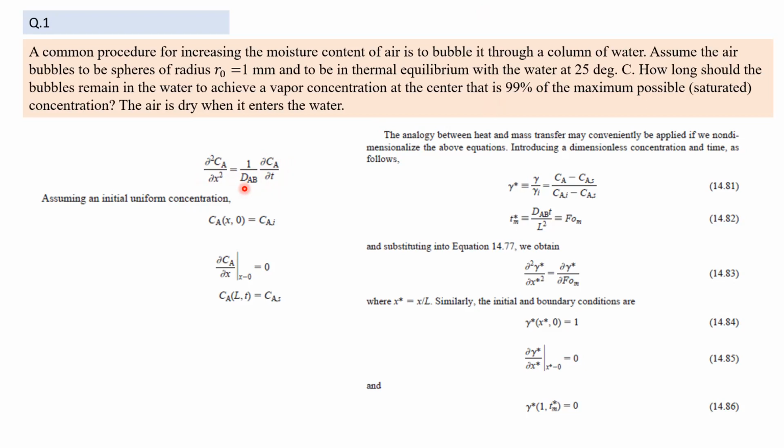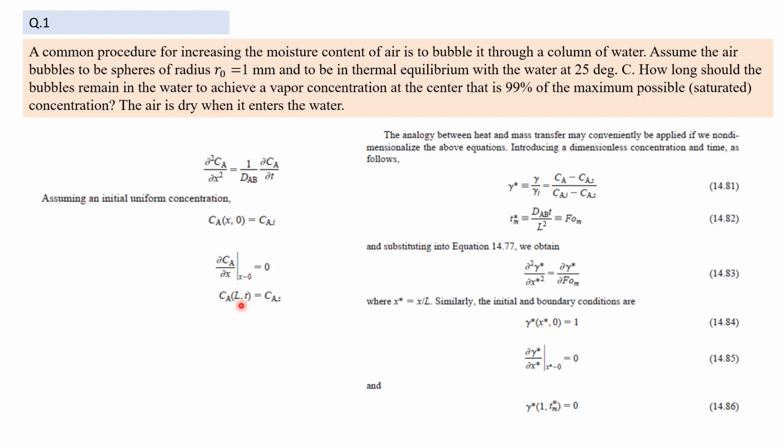The initial concentration is shown here: at t equal to 0, the concentration is C_AI, since it is dry when it enters the water. And dC_A by dx is 0, which means there is no spatial variation along the x direction.